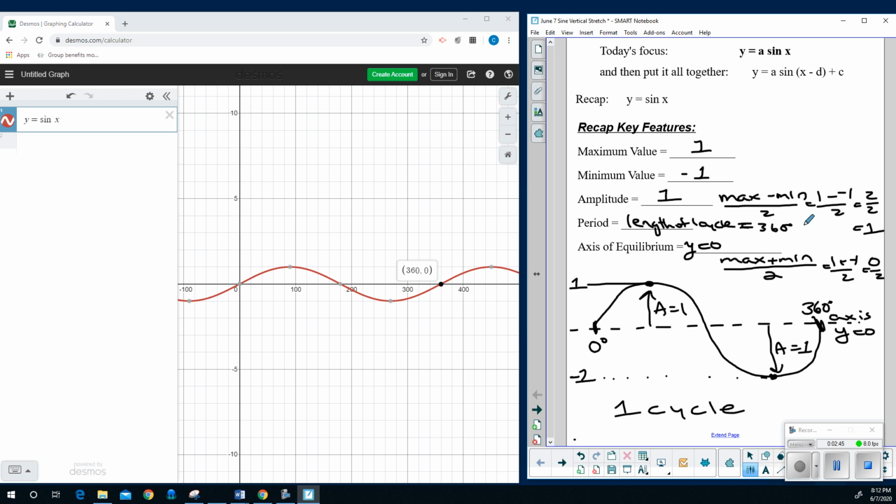So that's good. Those are the main points that we're going to be playing around with. So this is at 90, 1. This is at 0, 0. This is at 180, 0. This is at 270, -1, and 360, 0. So there's our 5 key points, and that's what we're going to play with.